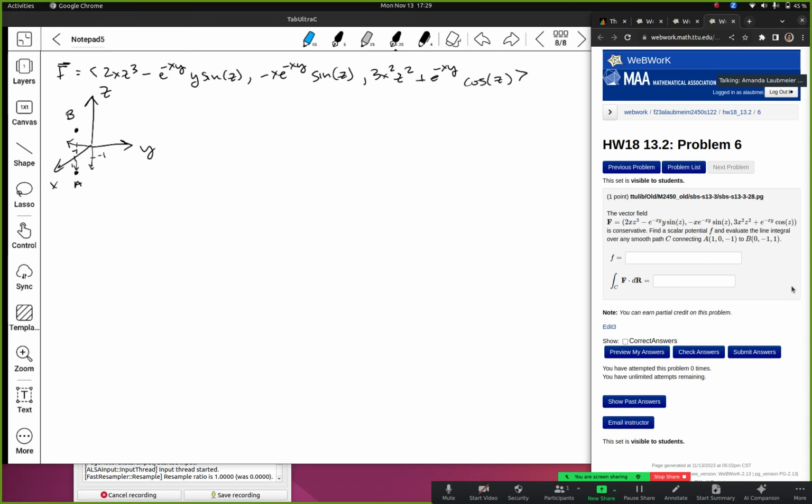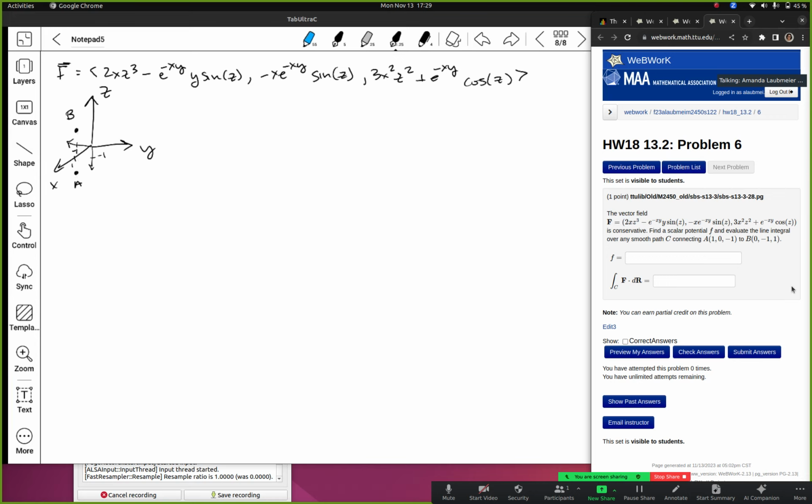That's down here, and that's like that. And they're saying evaluate the line integral for any path that connects these 2 points. So it could be this path, it could be this path. And any path you take, it's going to give you the same answer because this vector field they tell you is conservative. That means it's path independent.